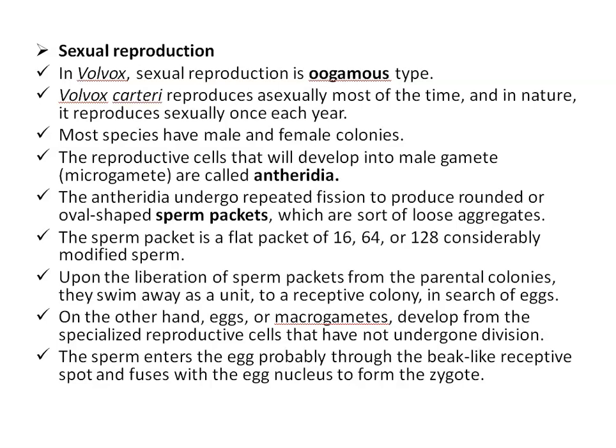The sperm enters the cell through the beak-like receptive spot and fuses with the egg nucleus to form a zygote. This type of fertilization is internal, where the ovum is fertilized without becoming detached from the parent coenobium. Eggs that have not been fertilized might develop parthenogenetically, thus forming daughter colonies.